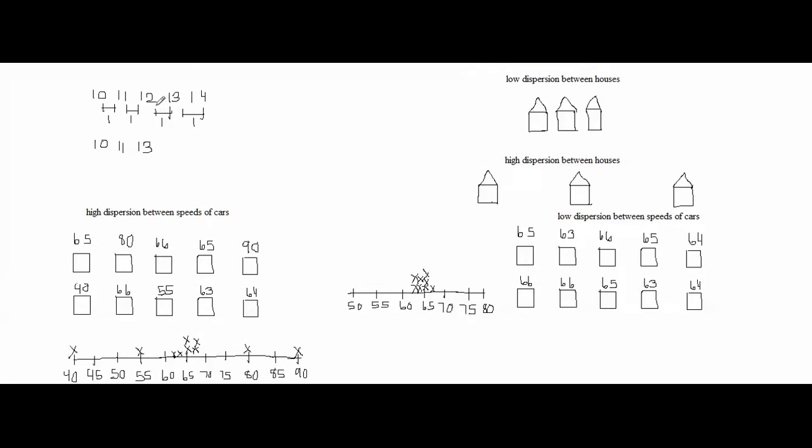And then let's leave this as a gap of 1, so it'll go from 13 to 14. Maybe we'll leave this as a gap of 1, so it'll go from 14 to 15.